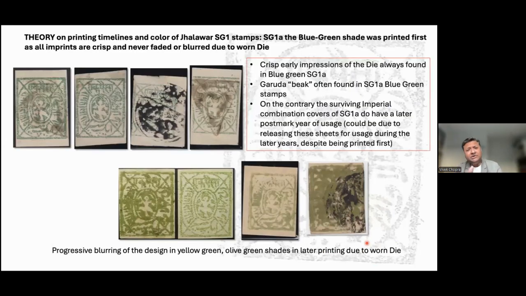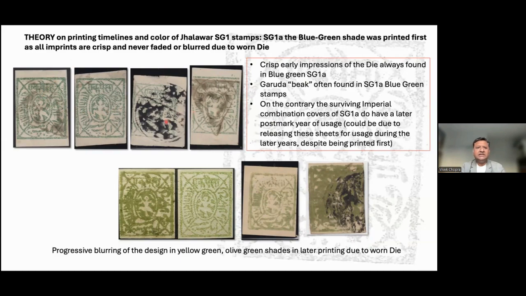And so my theory is that, since you can see beaks in some stamps but not in others, right? I mean, the crisp impression, which you see always in blue-green shade but not on the yellow-green shade. So it looks like the crisp early impressions of the die, always found in blue-green, which is actually listed in the Stanley Gibbons catalog as SG1A, was actually the first ink which was used to print, because you can see very clearly that the design impression is always sharp, right?